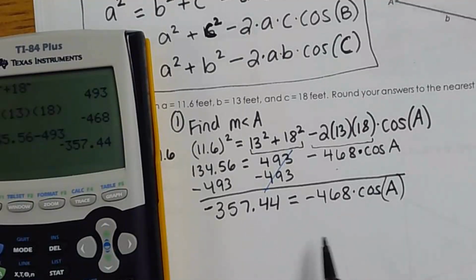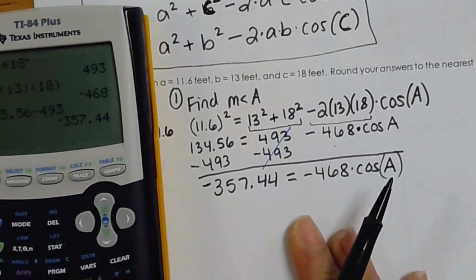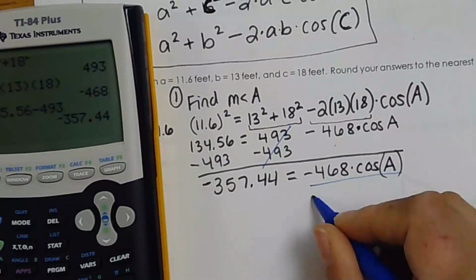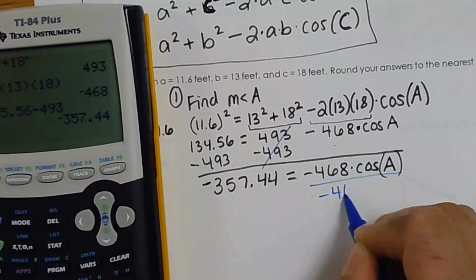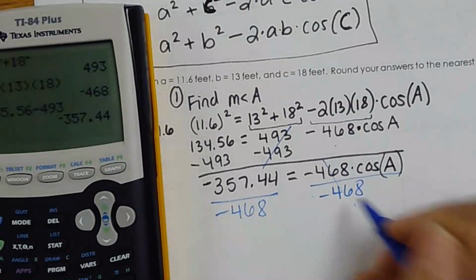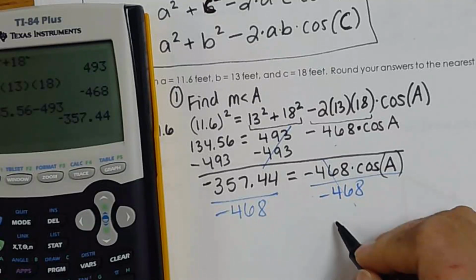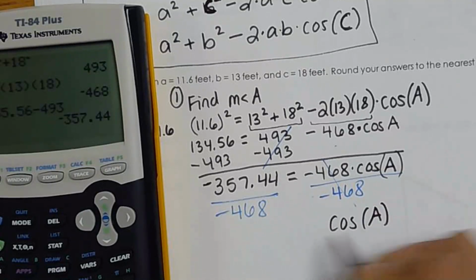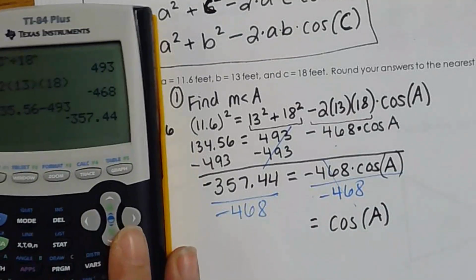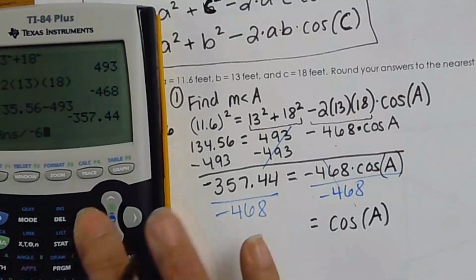And I'm almost done. I just want cosine A all by itself, so I'm going to have to divide both sides by negative 468. If I do it to one side, I have to do it to the other, and then I grab my calculator to see what I'm left with. Cosine A is all I have left over on the right-hand side now. So negative 357.44 divided by negative 468.